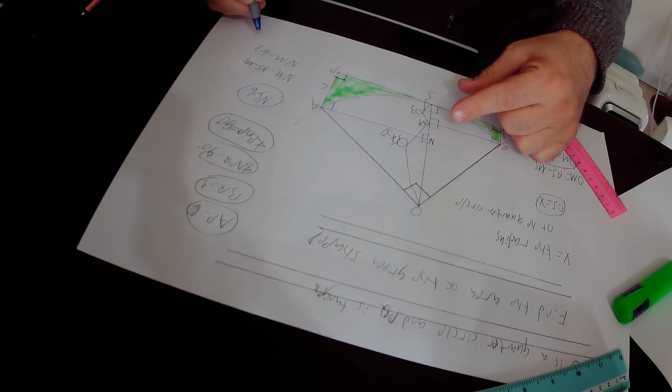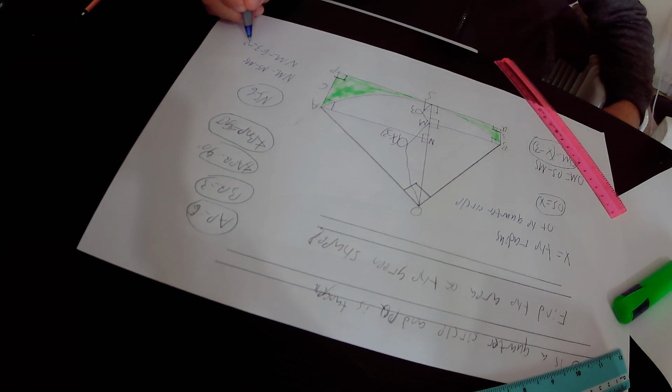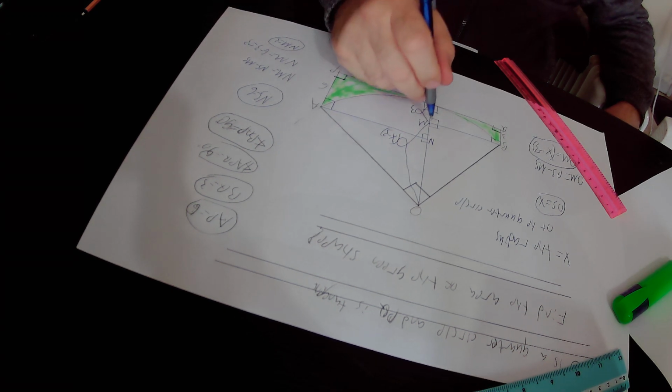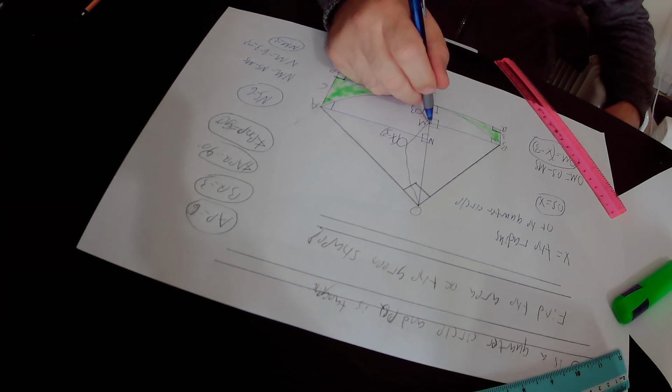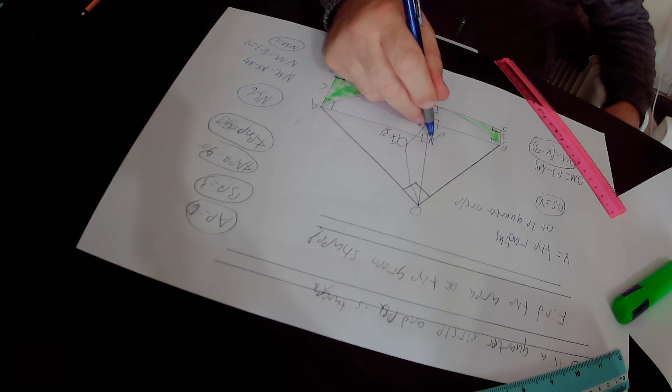So NM equals 6 minus 3, that is 3. In conclusion, we found out that NM equals 3 units in its length. This small line segment NM equals 3 units in its length.